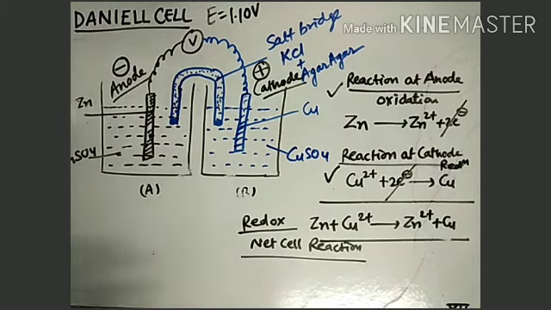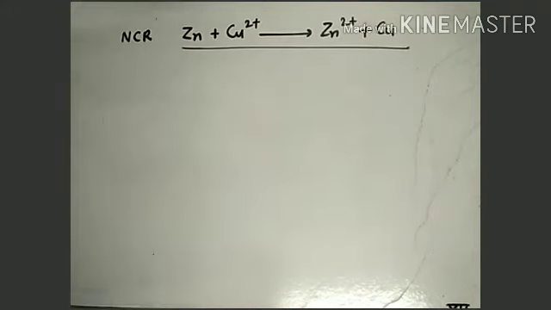Now in the next section we will study how to represent the Daniell cell. Let's see. Here we have the NCR, that is the net cell reaction, or the redox reaction which is taking place in the cell. Now the short representation of the cell.